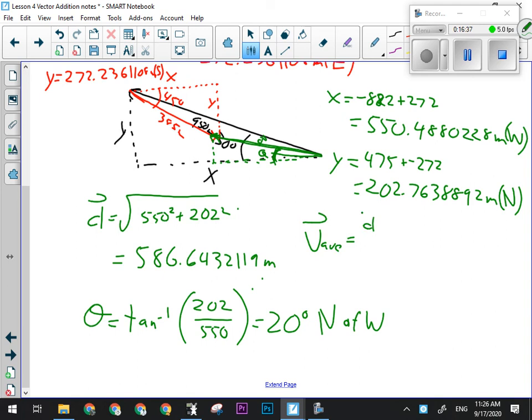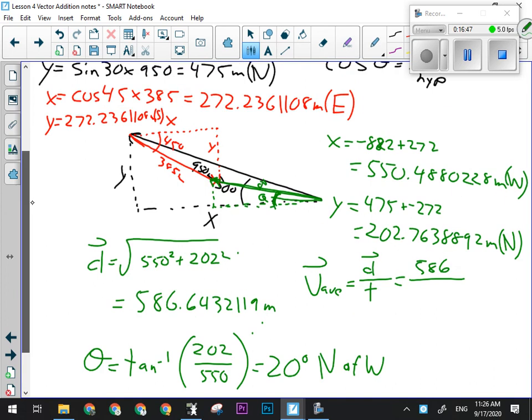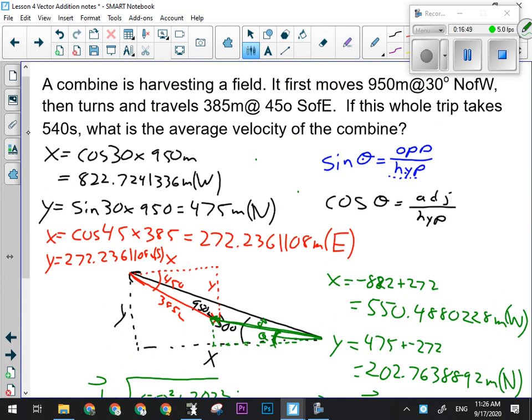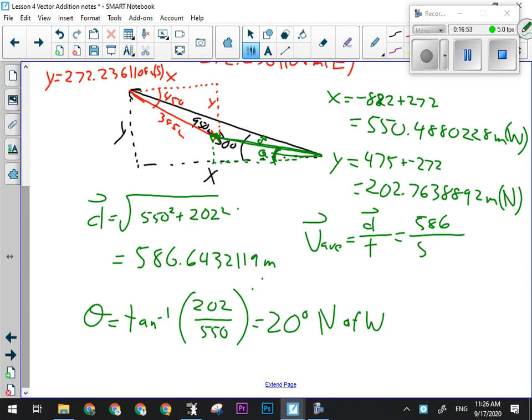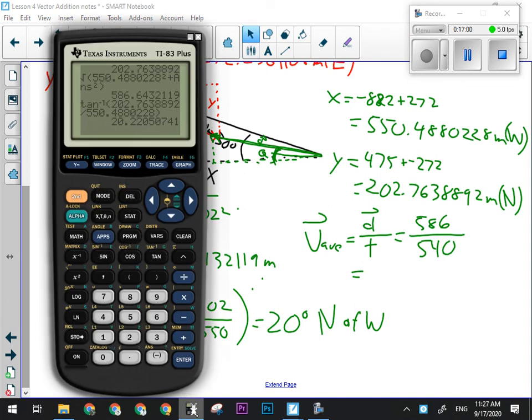Okay, average velocity is total displacement over total time. Here's my total displacement, 586 meters, with all the decimals, obviously. Okay, and they tell me that that takes 540 seconds. All right, so 586 over 540 will give me the magnitude of my average velocity.